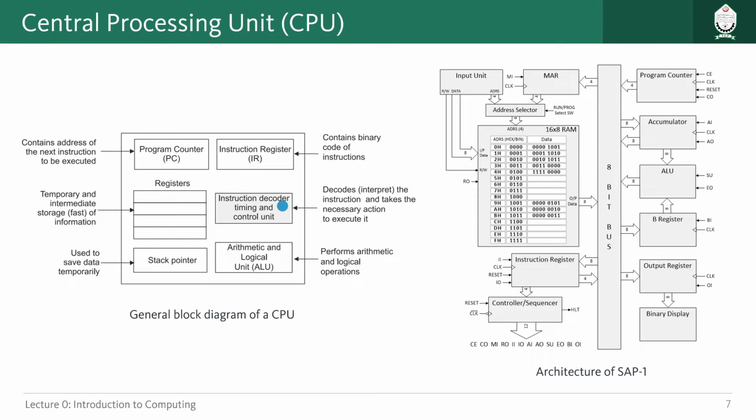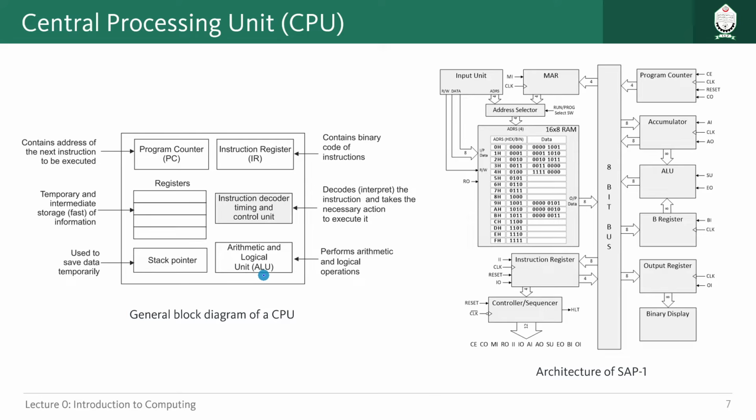First the instruction got decoded, and based on that we had control signals which sequentially changed so that we could control all the components we had here. All of them were getting signals from the controller sequencer, these bits. Similarly, this timing and control unit will control the other components of the CPU.